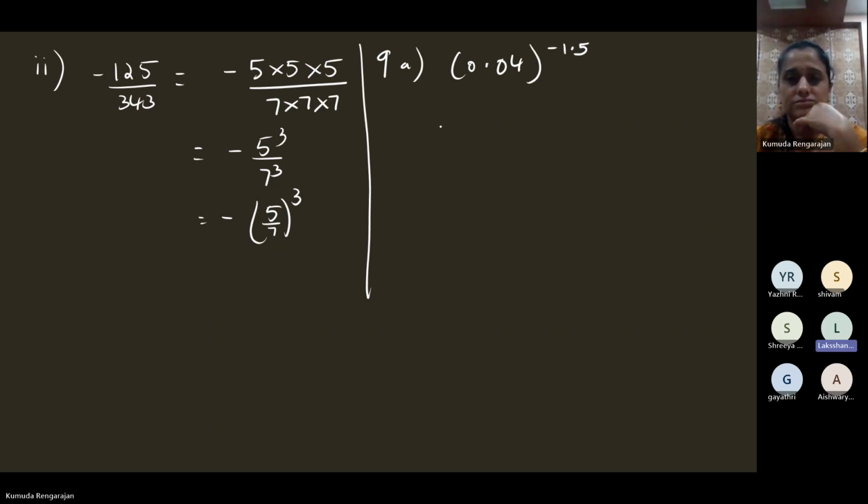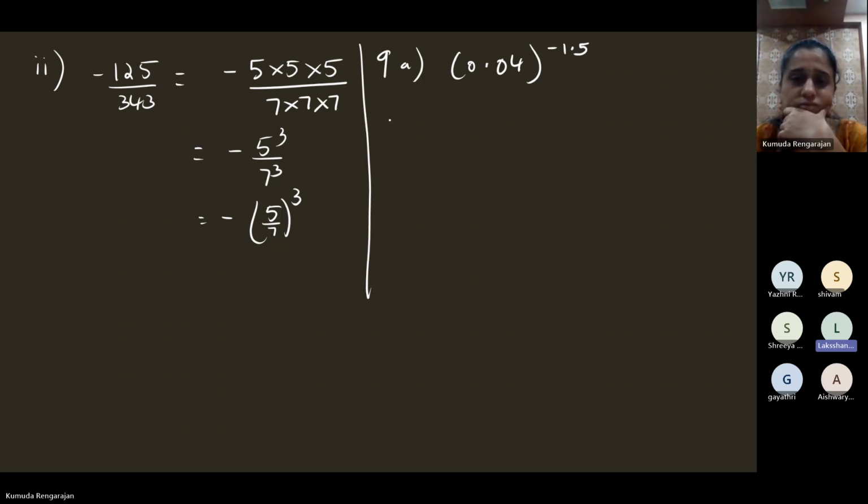Ma'am, since it's to the power 1.5, I wrote it as 0.04 to the whole power minus 15 by 10. So since it is 0.04, I wrote it as 4 by 100 to the whole minus 15 by 10. Since the power is negative, I reciprocaled it.